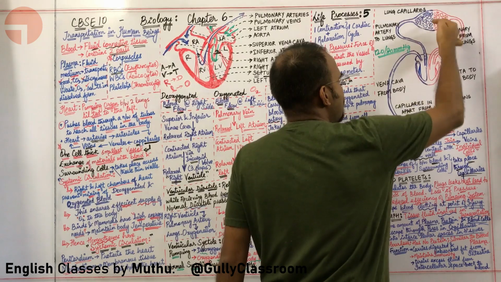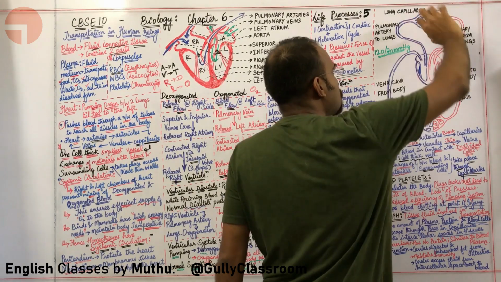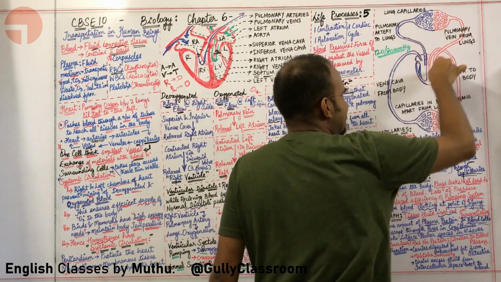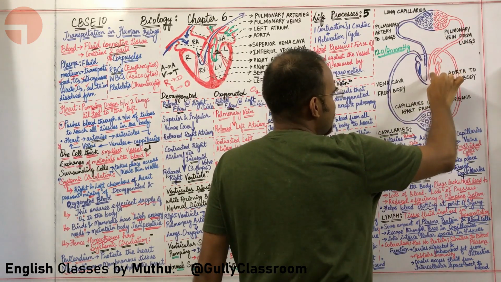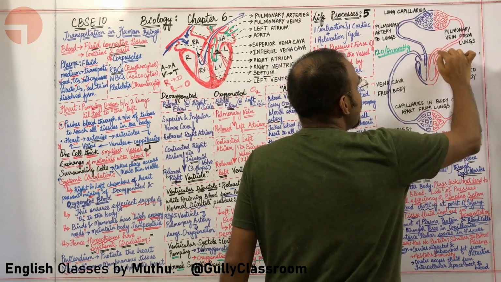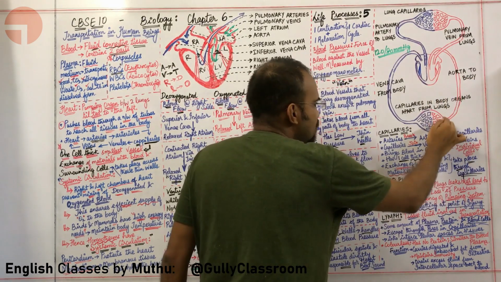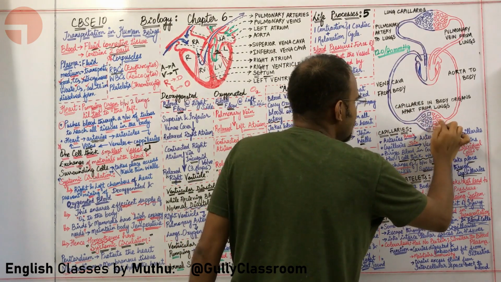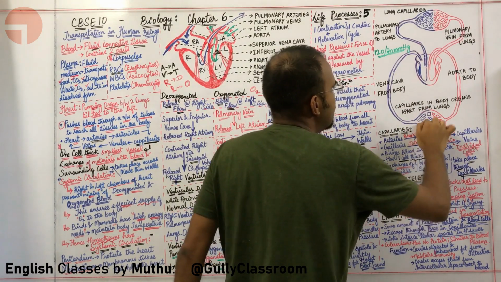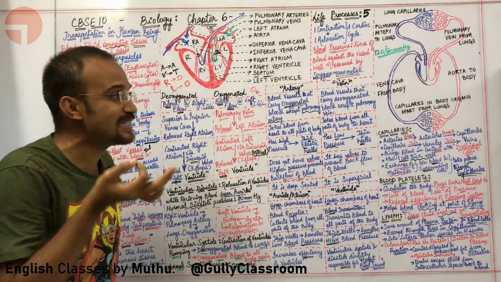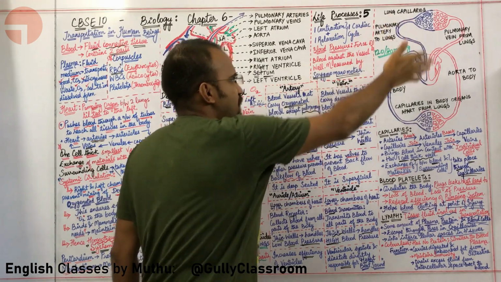The lungs, the mother, is oxygenating it, cooking it, converting it into red oxygenated blood and sending it back to the heart. From the heart, once more, the father, the heart, is sending oxygenated blood to the body. The body is once more undergoing respiration, converting the oxygenated blood into deoxygenated blood, and once more the cycle is repeating. Are you able to understand how circulation is being done?